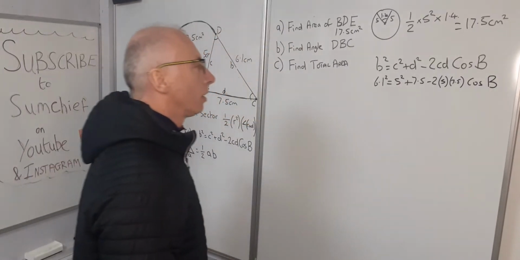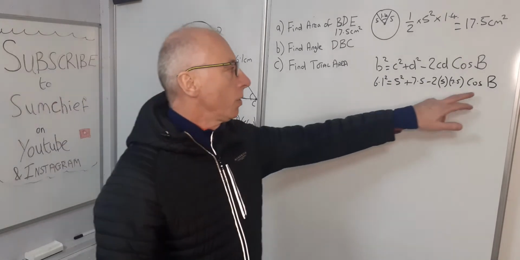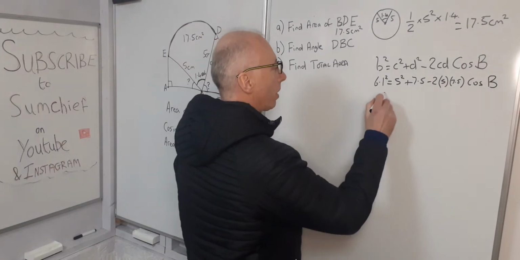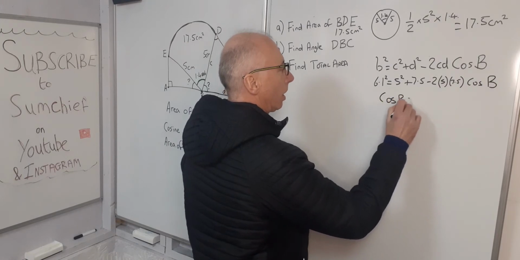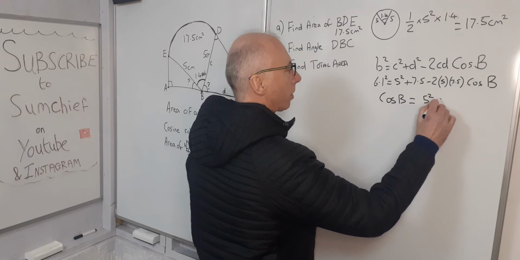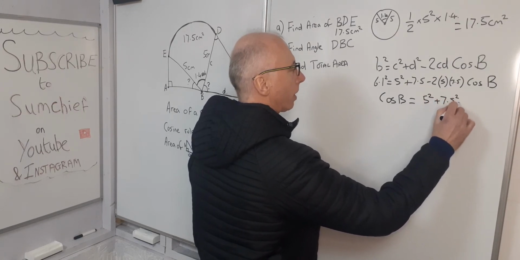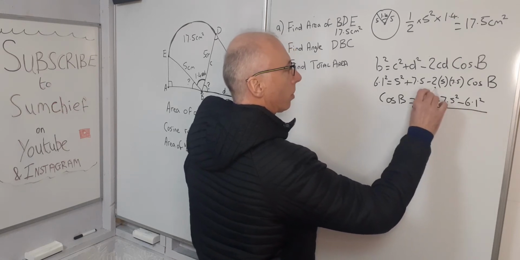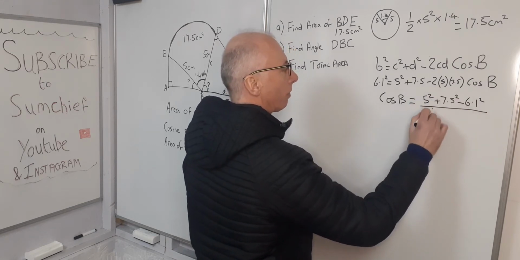So if we isolate cosine B on its own, we end up with cosine of B equals 5 squared plus 7.5 squared minus 6.1 squared, all over 2 times 5 times 7.5.